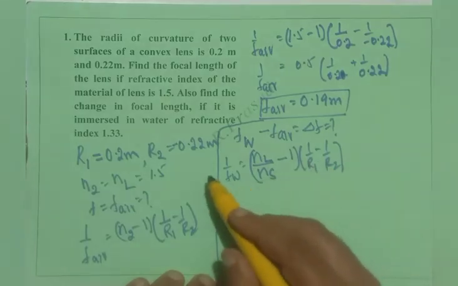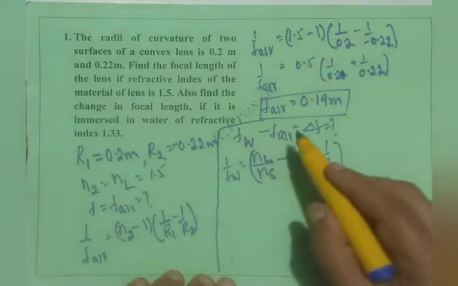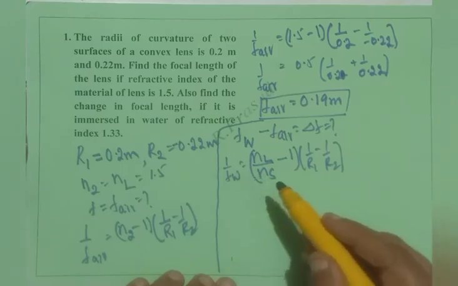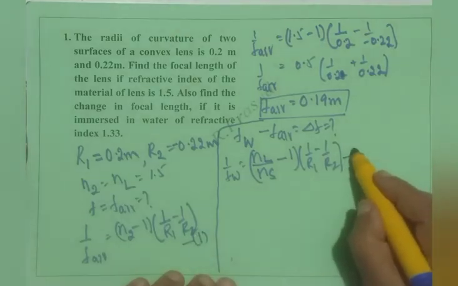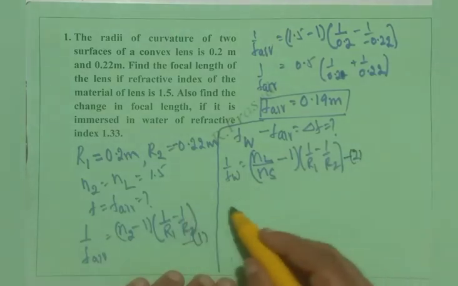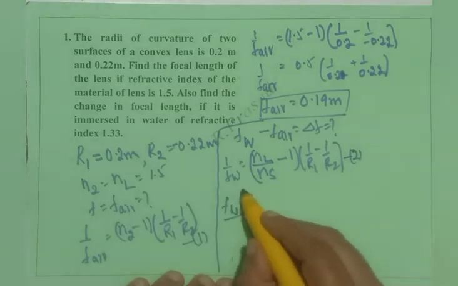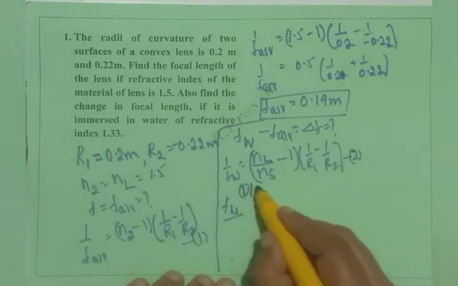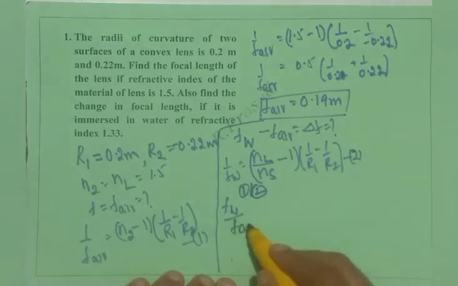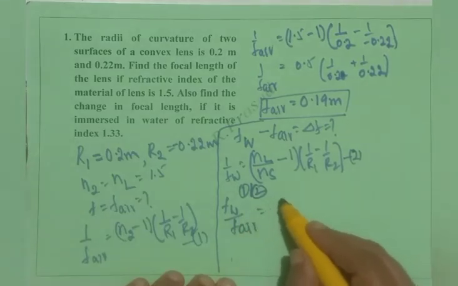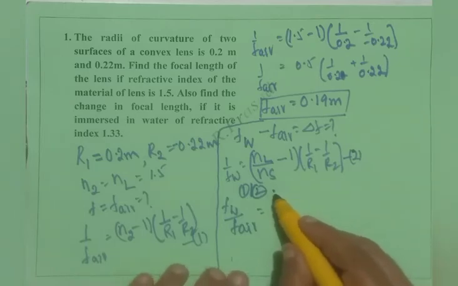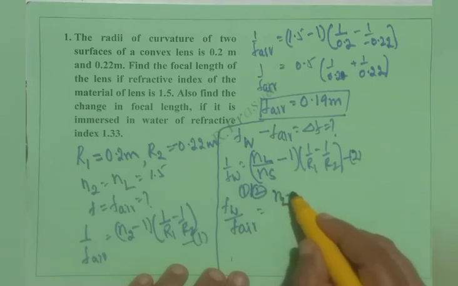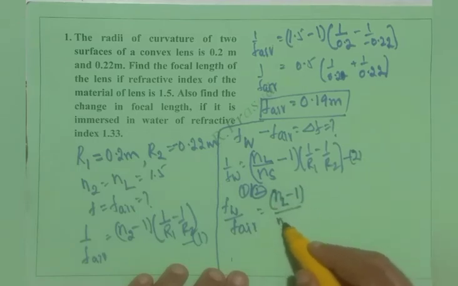Now we want to calculate Fw. So we take 1 by F air and 1 by Fw and divide them. Dividing 1 by 2, Fw by F air will be (NL minus 1) by (NL by NS minus 1).